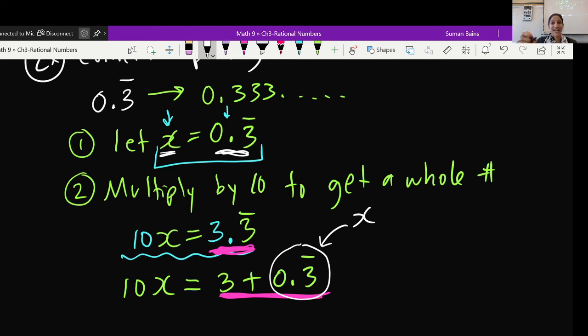This is not the expectation for today's lesson. This is just because I felt like we were really good with the initial stuff. That's the stuff that's the main focus. This is just bonus work, so don't let it stress you out. 10x equals 3 plus, and if we say that 0.3 repeating is the same thing as x, I can substitute in an x.